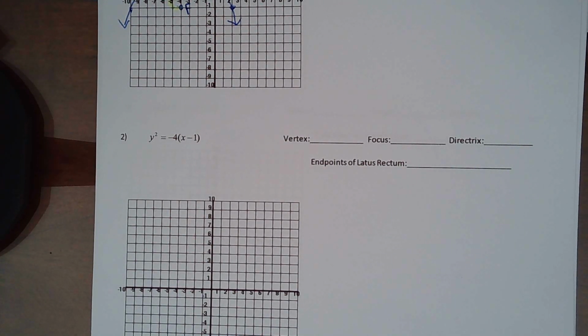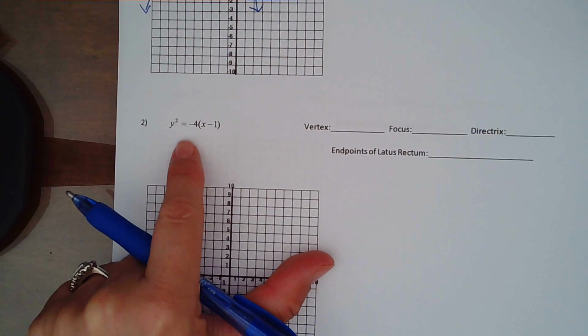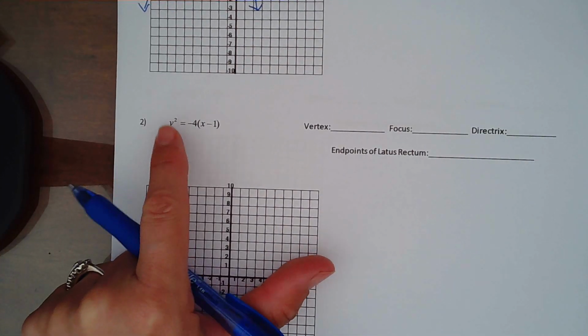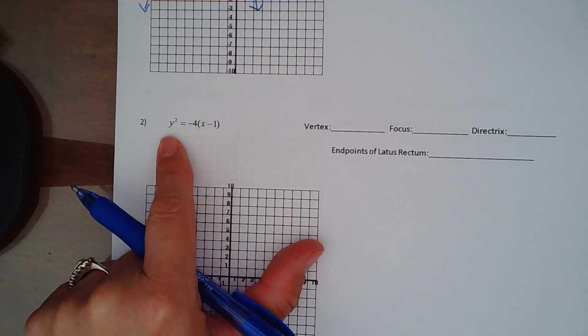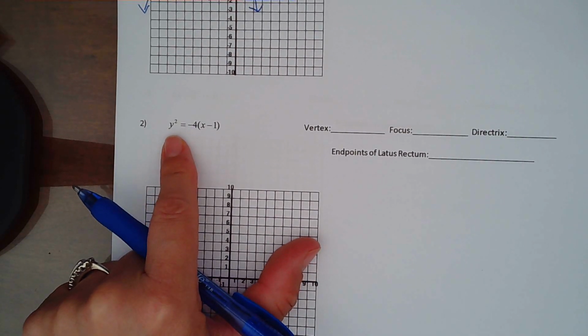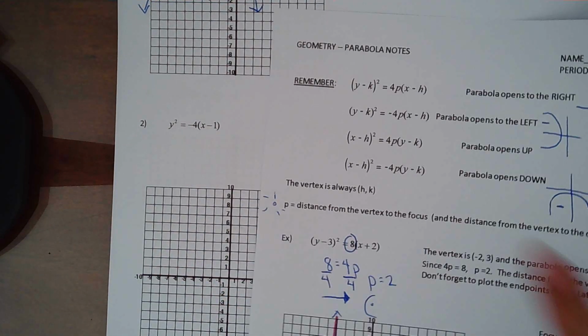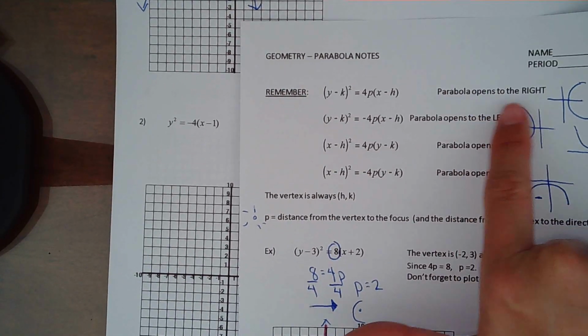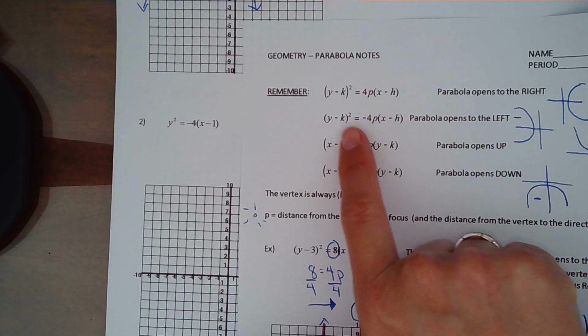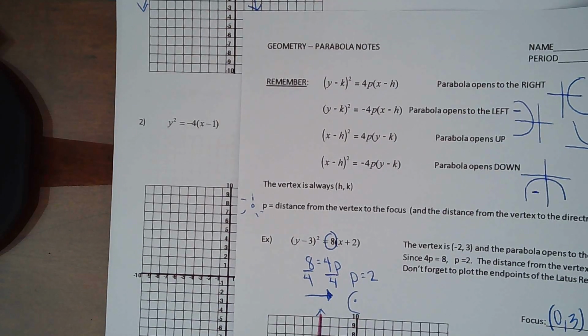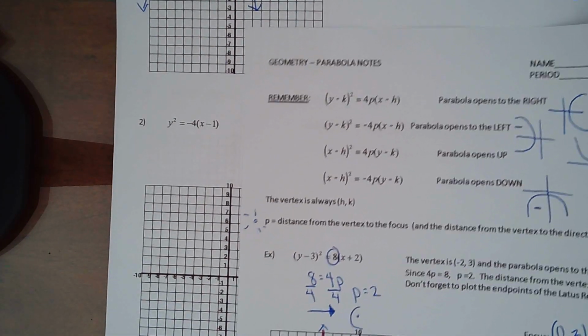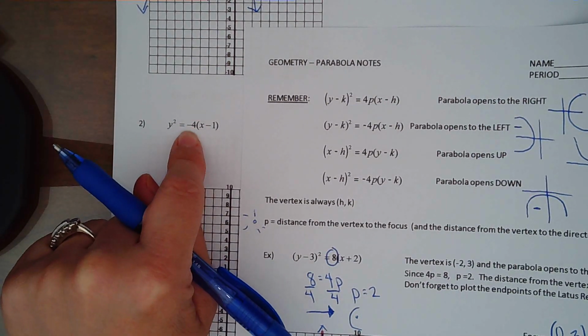For this next one, it looks a little tricky because it only has a y squared. But keep in mind it's y, right? So we know that because it starts with a y, it's either going to open right or left, even though there's no k right there. And then we see that this is negative.